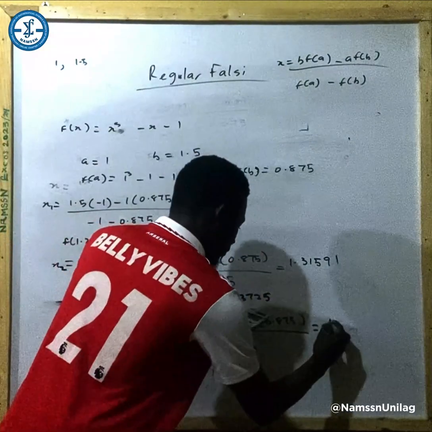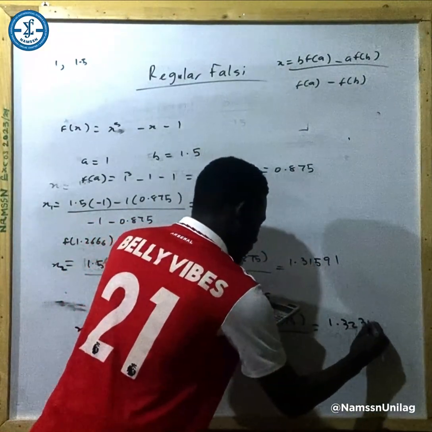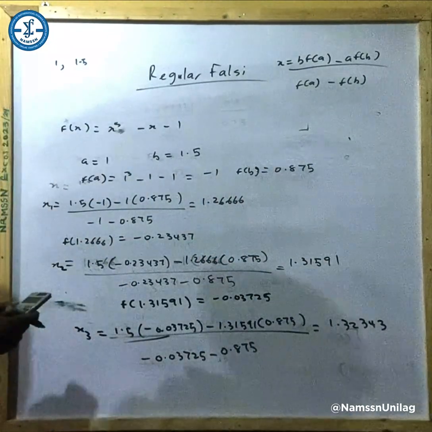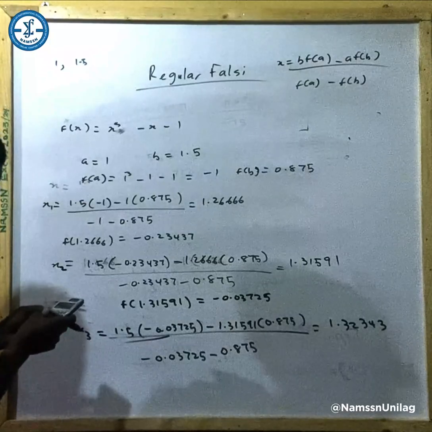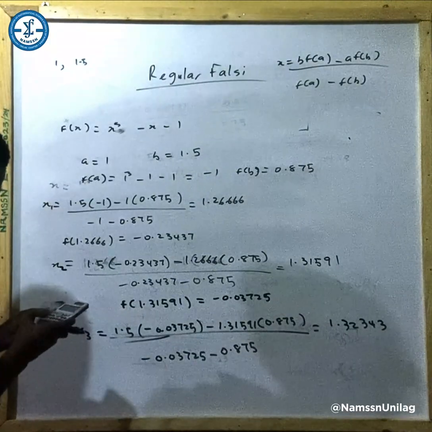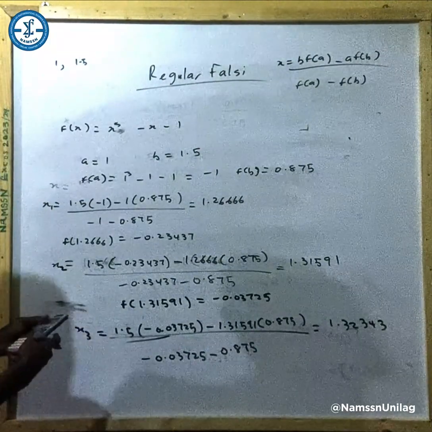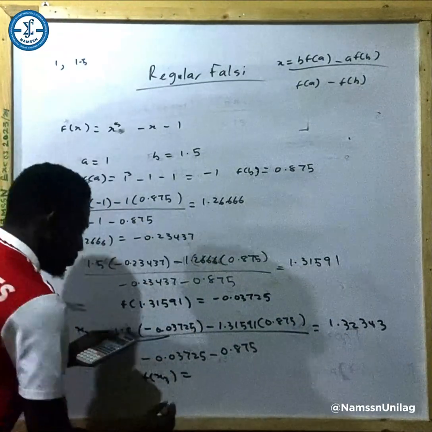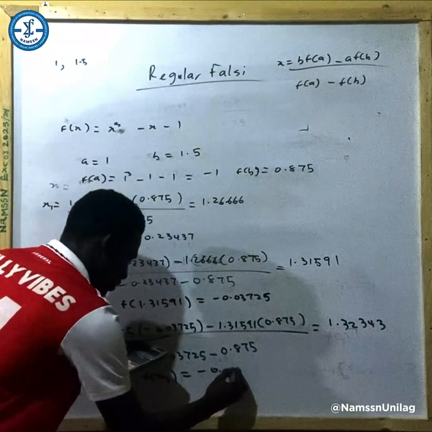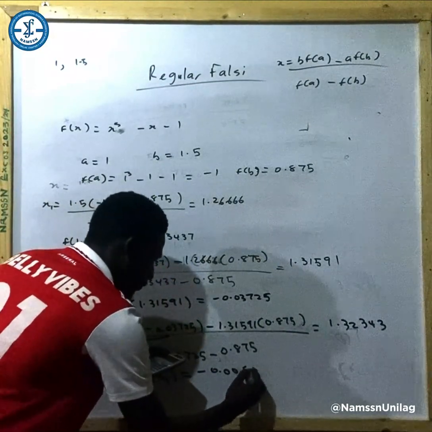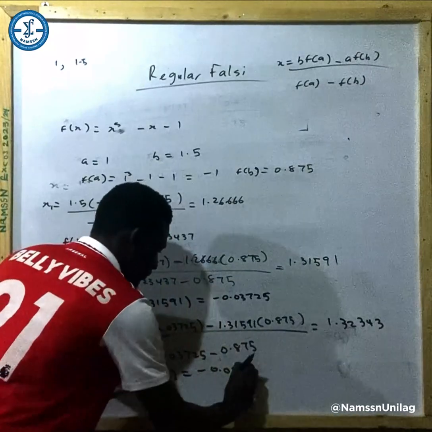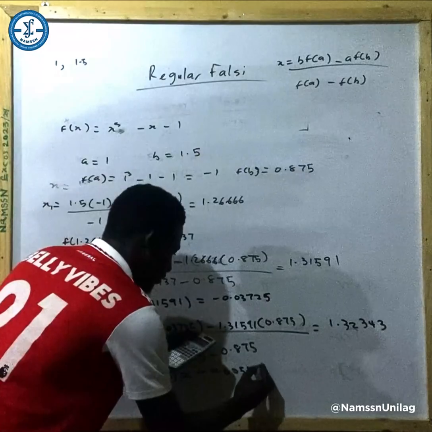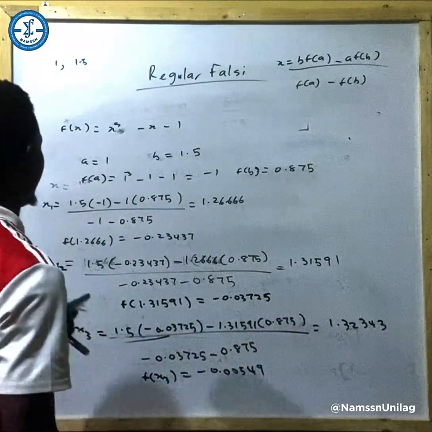So we have 1.3234. You would check again. It's equal to minus 0.00549. So you would replace again.